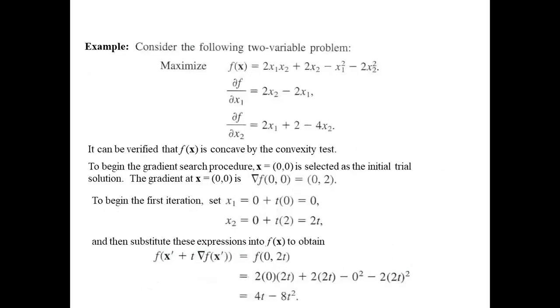You can take an example, maximizing this function. The partial derivatives are given here. So the gradient procedure gives us the gradient of the function at 0, 0. If you select the initial point to be 0, 0, the gradient of the function at 0, 0 is found to be 0 and t. Okay.